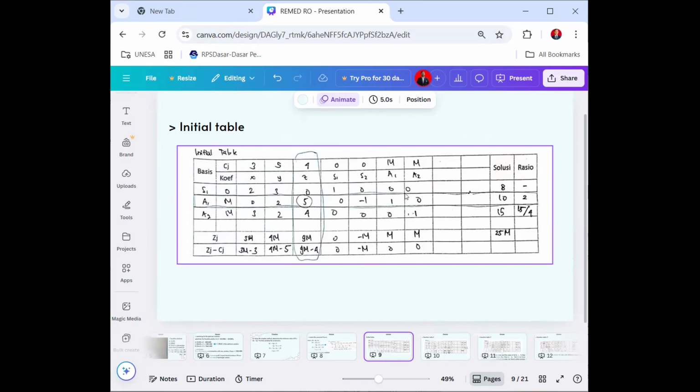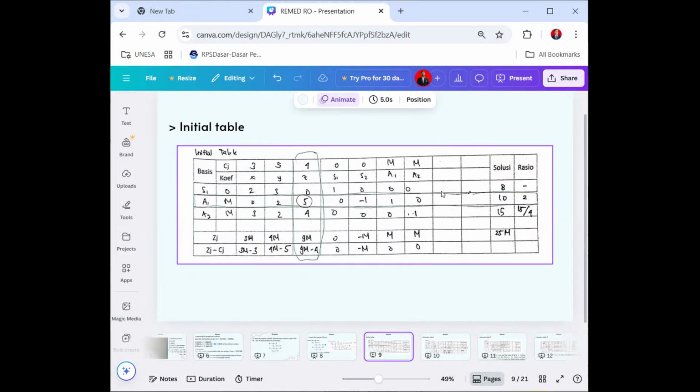The ratio we get is the solution divided by the K column. So here 10 over 5 is 2, 8 over 0 is undetermined, so I use a dash in here, and 15 over 4 is 15 over 4. So the smallest number in the ratio is 2.